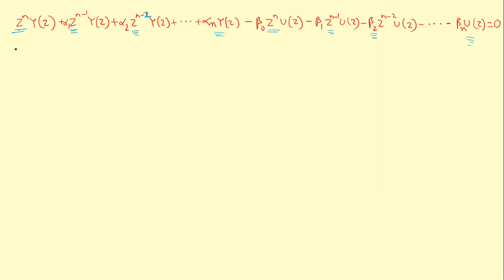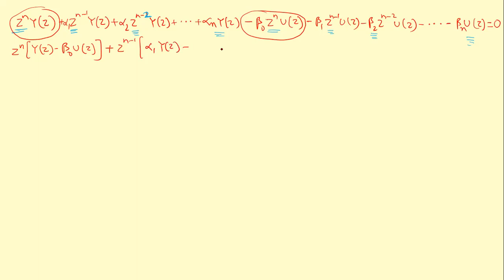So we have z raised to the power n, and we have yz minus beta naught uz, right? So we have combined this and this term, right? Similarly, we have plus, then we will combine z raised to the power n minus 1, and we have alpha 1 yz minus beta 1 uz, right?